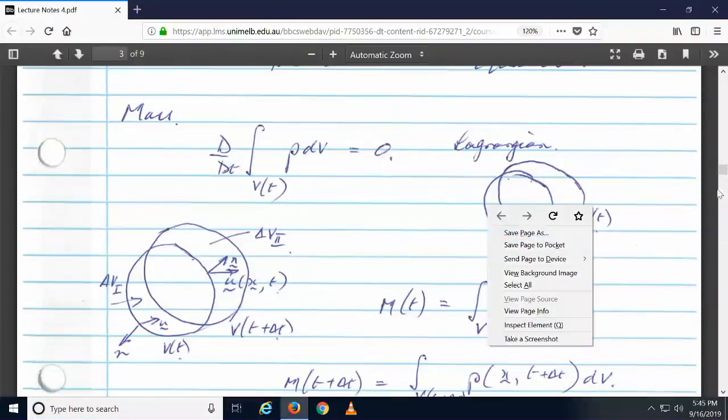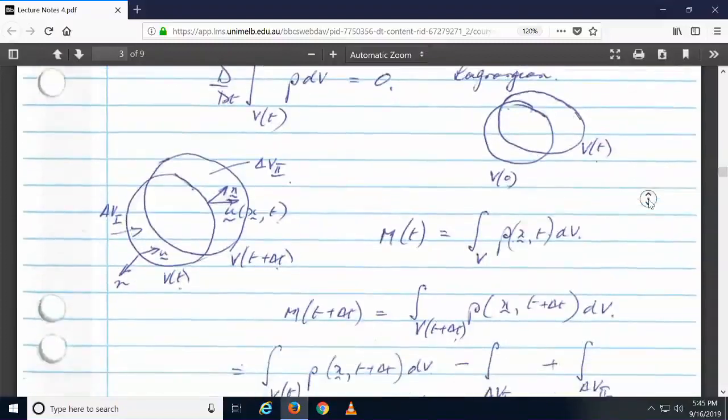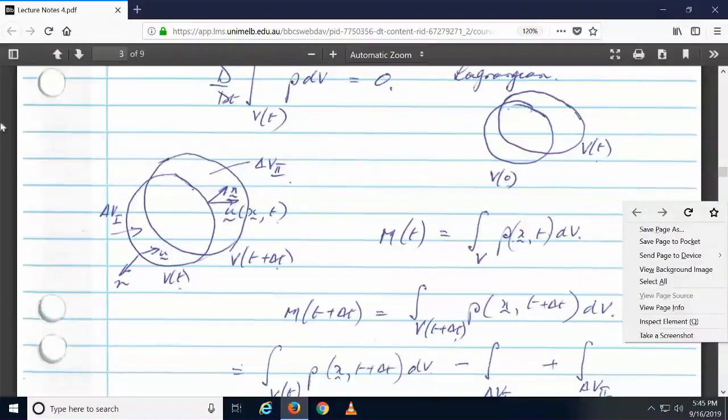Now, in order to progress that, here's the volume at time t, and at a later time, just a little bit later, here's the volume, which is bigger, let's say, than it was at time t, and this is the volume at t plus delta t. So what has happened?